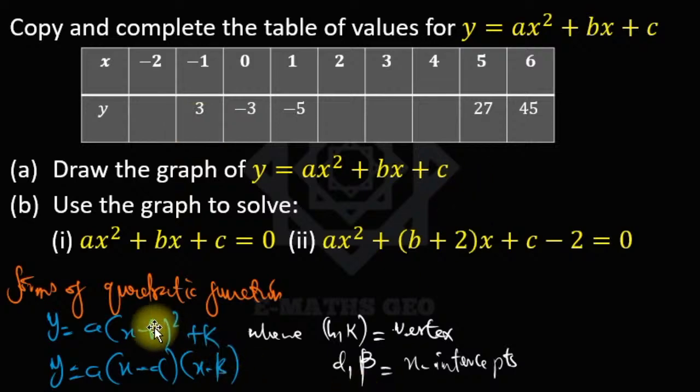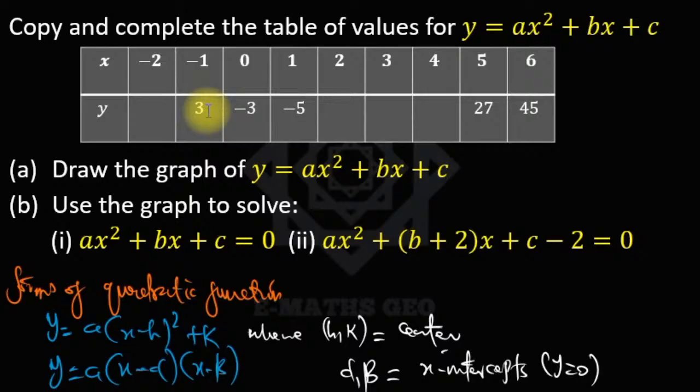And also there is no coordinate of the vertex, that's (h, k). This one is the general form. You still have the quadratic function in terms of the vertex and in terms of the x-intercepts. So let's now use simultaneous equations and choose 3 points here, since we have a, b, and c.